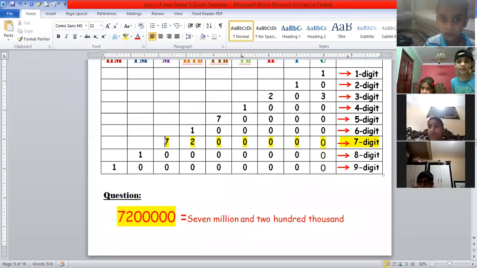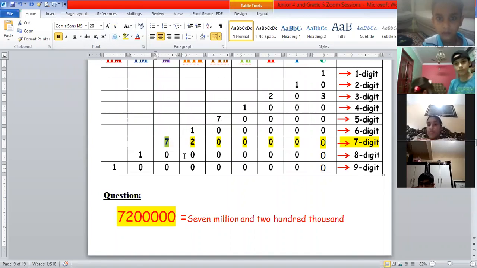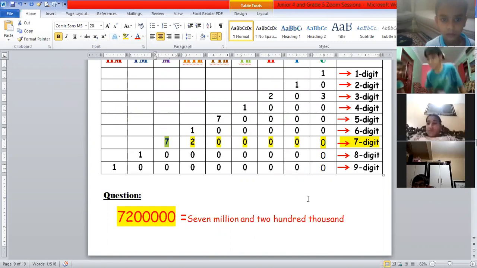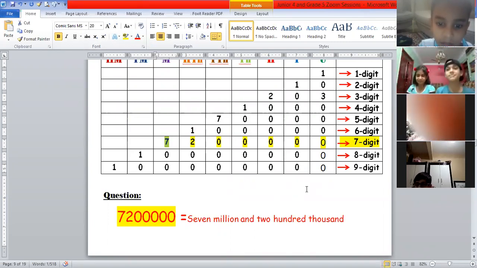First we have to write that 7 million. Then that 2 is standing on the 100,000 place, so we'll write 200,000. 7 million and 200,000. Is this thing clear? Yes.